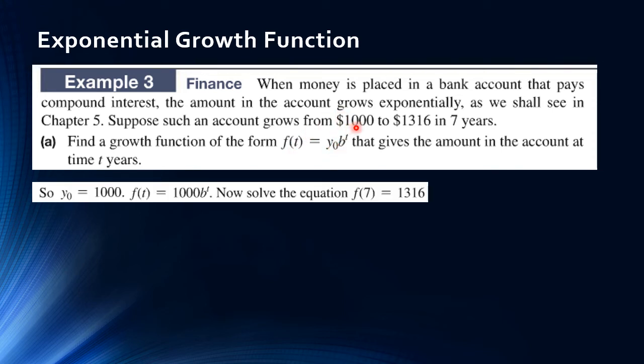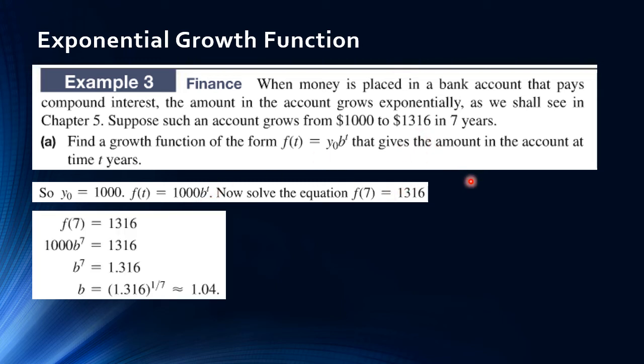Okay. We also know that 7 years later, or when t equals 7, the amount of money in our account will be $1,316. So what we can do is set up these equations as being equivalent.